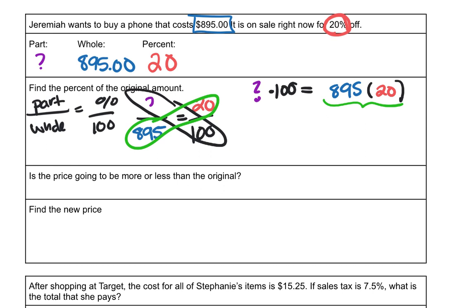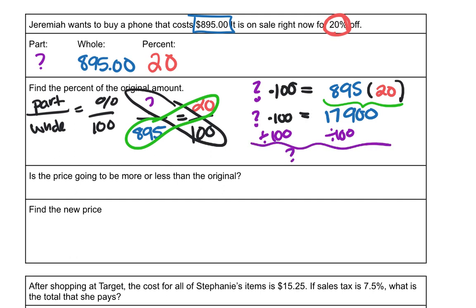So I'm going to leave that the same. Then on the other side, 895 times 20 is 17,900. So to find out what question mark is, I need to get rid of this times 100. I get rid of things by doing their opposite, so I'm going to divide by 100. 17,900 divided by 100 is 179.